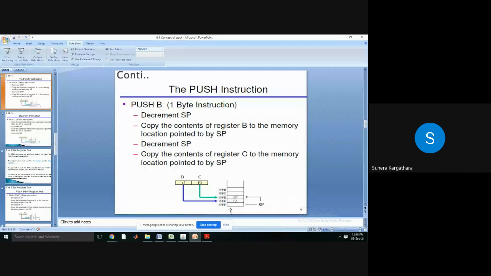So decrement, store, again decrement and store, and the stack pointer will be modified with the address where your lower order register's content is stored. Student, make sure your push instruction is only a 1 byte instruction. Whenever you write push B, it will generate only one hex code, and through that you are able to identify that the data available in the register pair has to be transferred onto the stack.